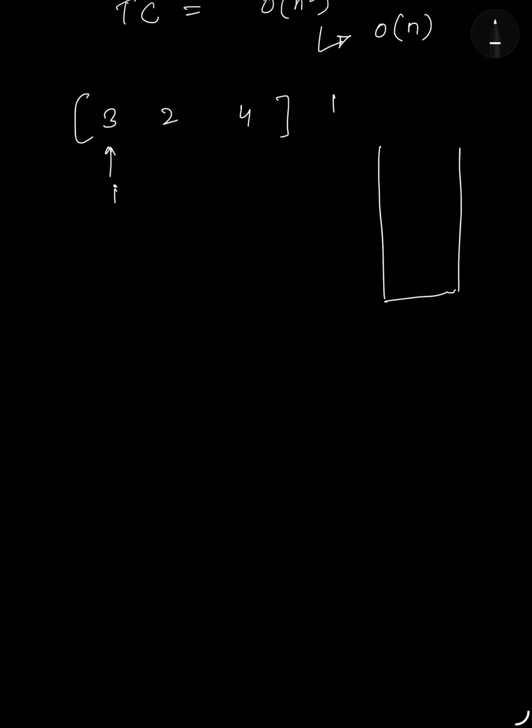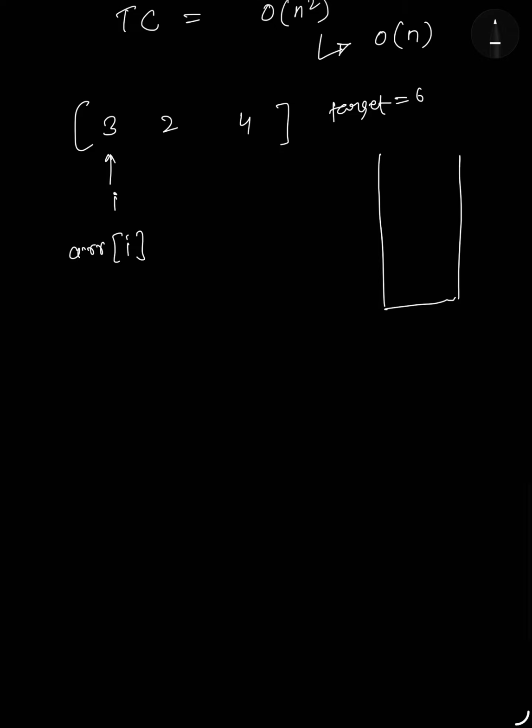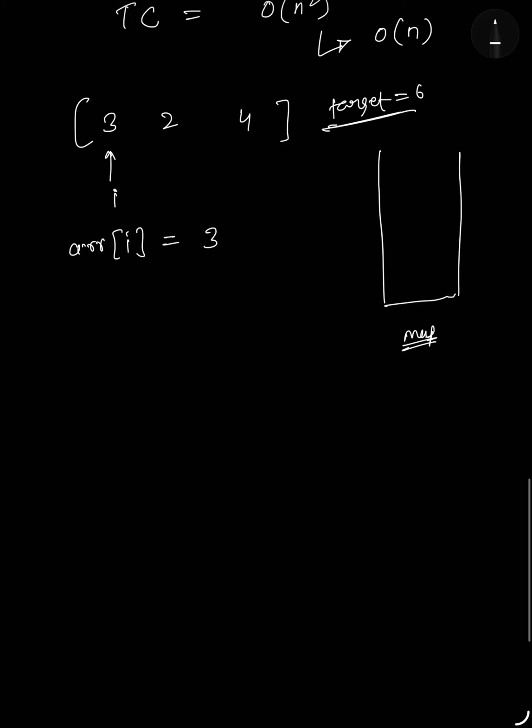So I will have a target, suppose equal to 6, and my current index at 3. I will check whether the array at the ith position is going to give me the value 3, right? So I have to check whether in my map of previously visited items, I have something which upon summing up can give me this target value. So the array value at the current position is 3.